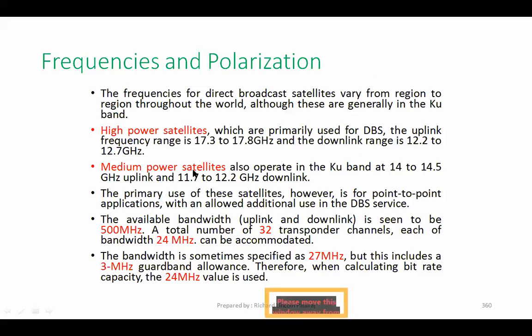Then your medium power satellites are something equivalent to high power but a little less than those. For example, you can see here in your uplink we are using the range from 17.3 to about 17.8, right? Similarly here you can see that we're not going up to about 17, but we are using about 14 to 15 gigahertz range.